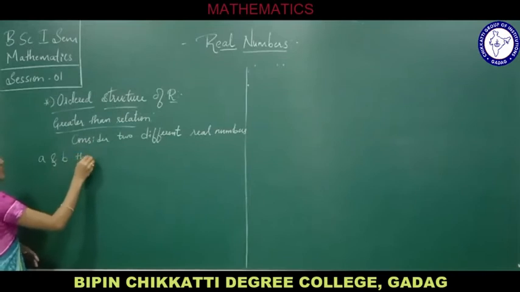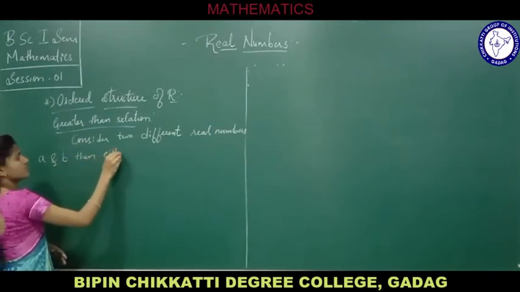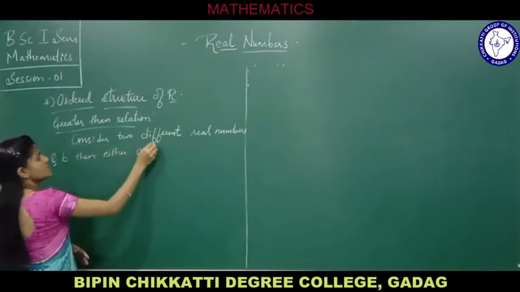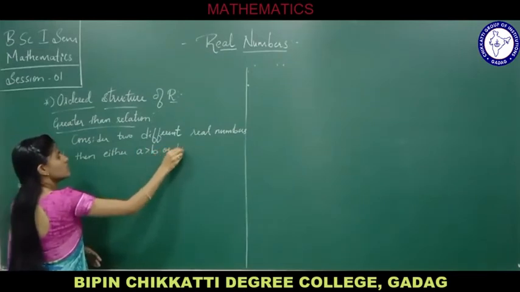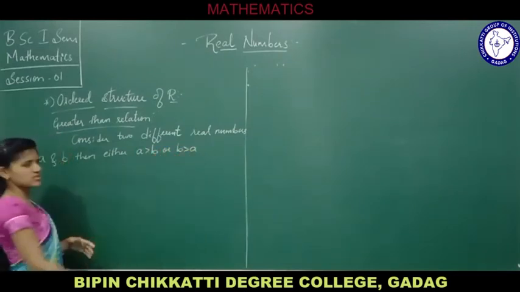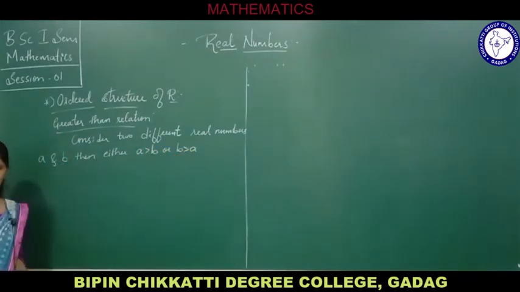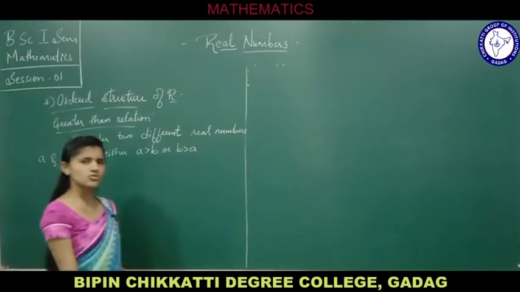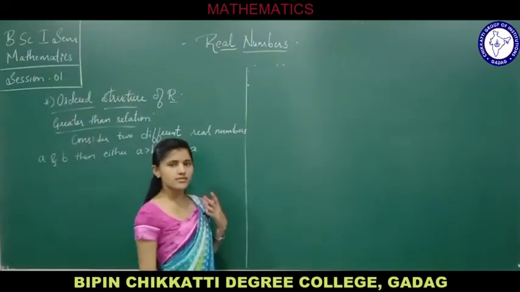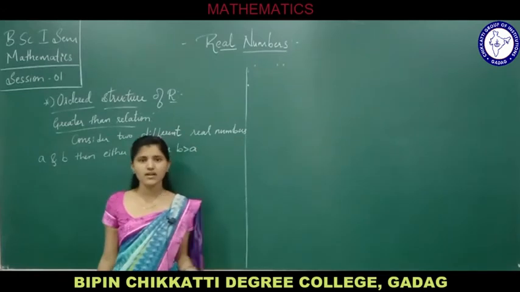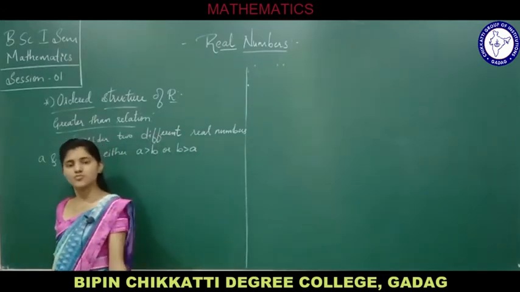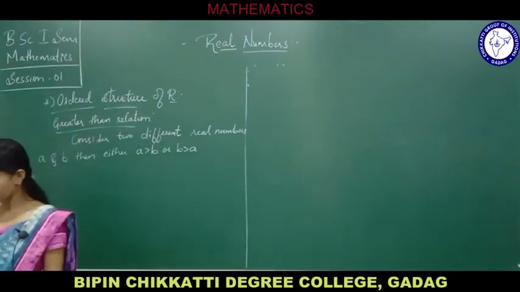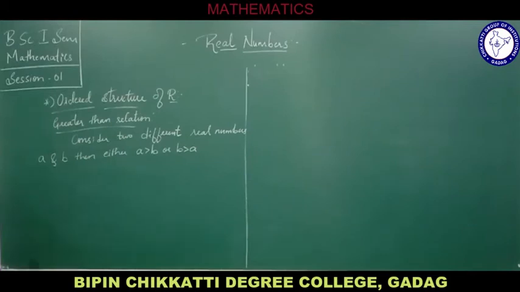Then either a is greater than b or b is greater than a. Consider any two real numbers: either one is greater than the other or smaller than the other. This greater relation has the following property.